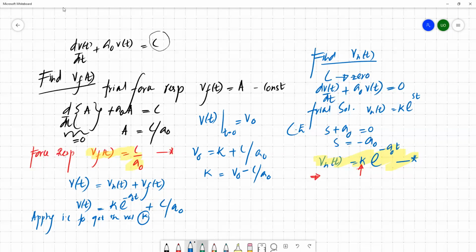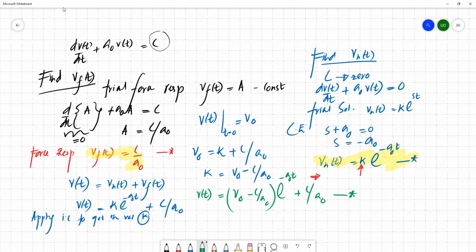If you plug it in, your total response V(t) equals (V0 - C/a0) e^(-a0 t) + C/a0. So this is the exact response. Hope it's clear.